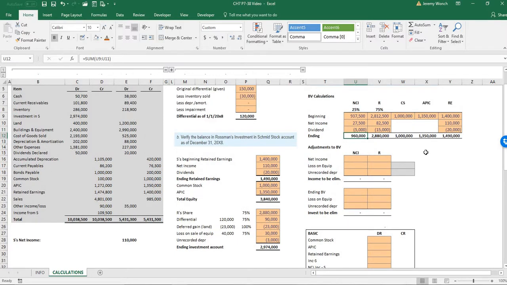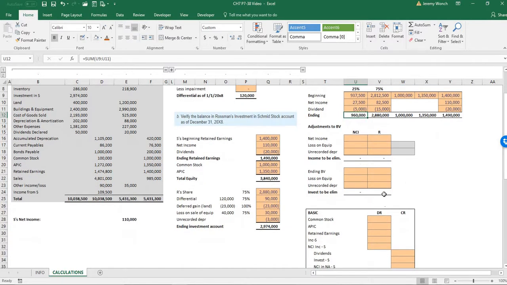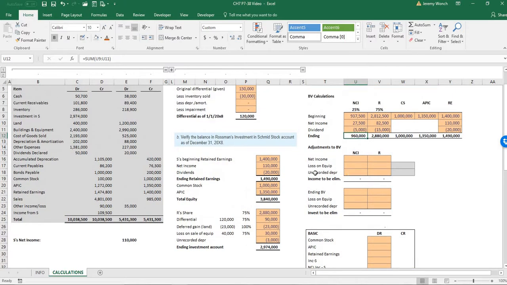But now we want to do a few adjustments to that, because our basic journal entry got a little bit more complicated with these interrelated losses and depreciation related to the intercompany transactions. So let's carry down the net income.